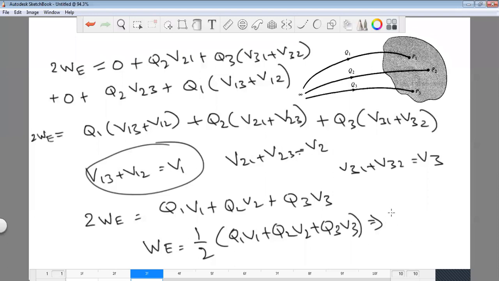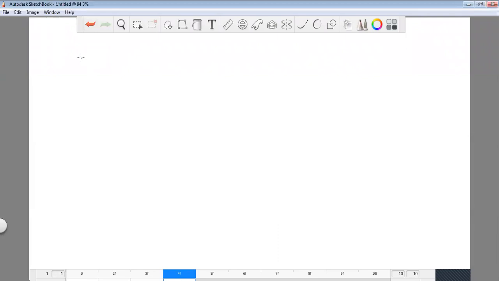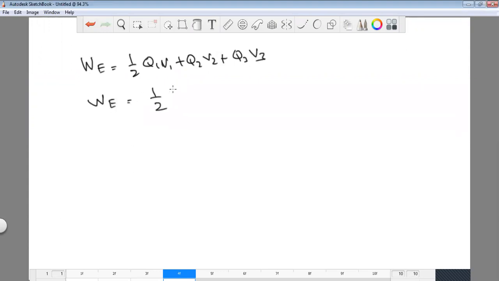So W suffix E equals 1 by 2 of Q1 V1 plus Q2 V2 plus Q3 V3. It can be rewritten as W suffix E equals 1 by 2 sigma k equals 1 to n of Qk Vk.